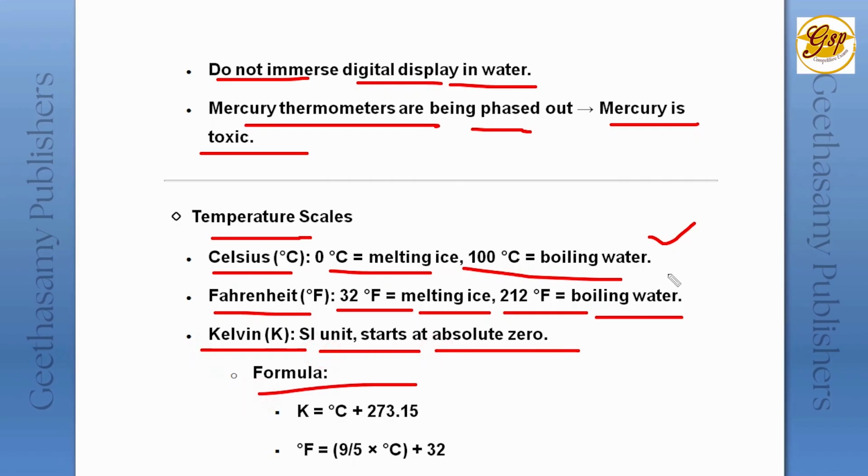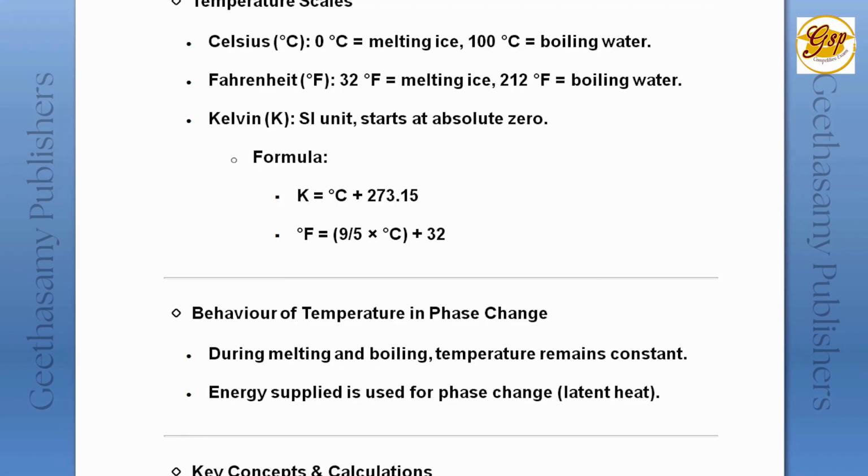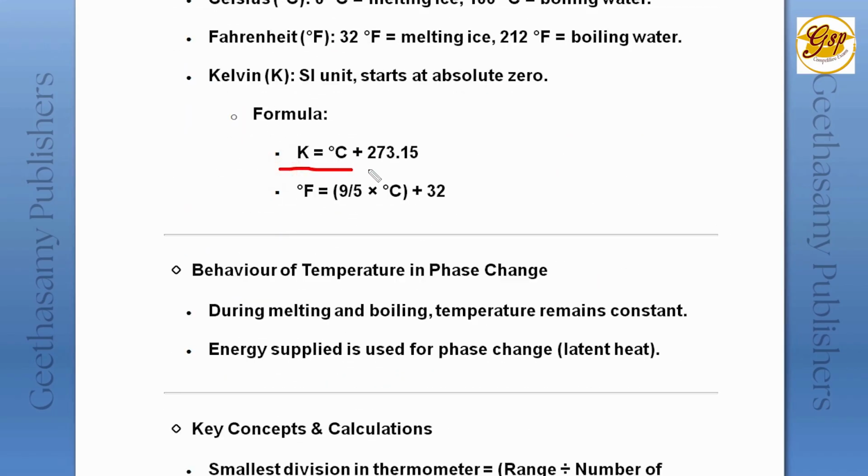The formula is K equals degrees centigrade plus 273.15. Degrees F equals 9 by 5 multiplied by degrees centigrade plus 32.